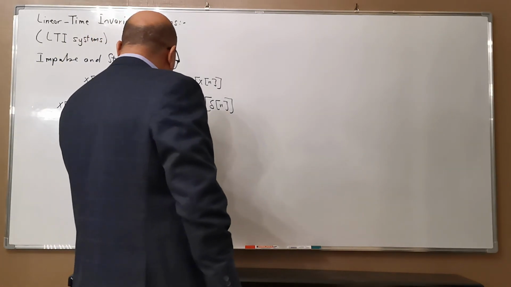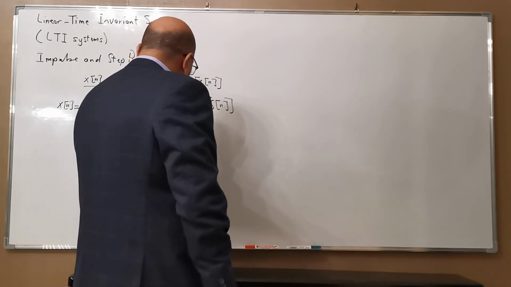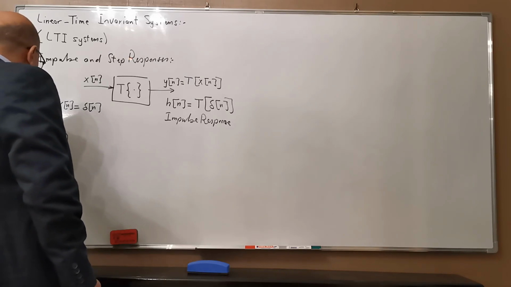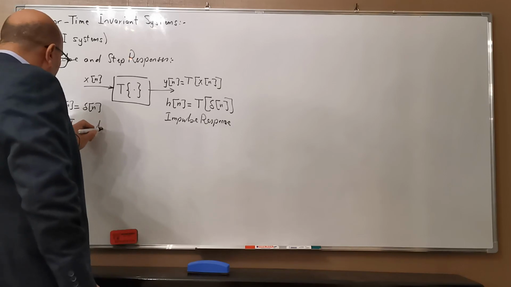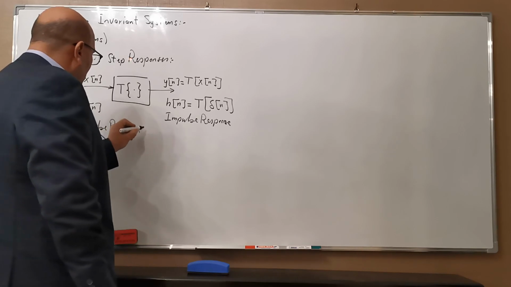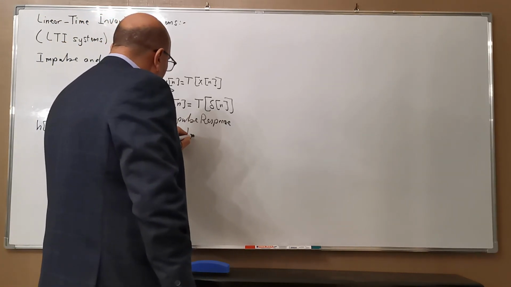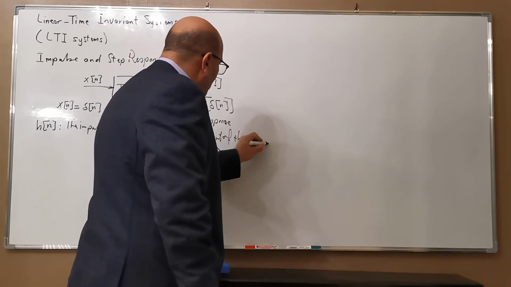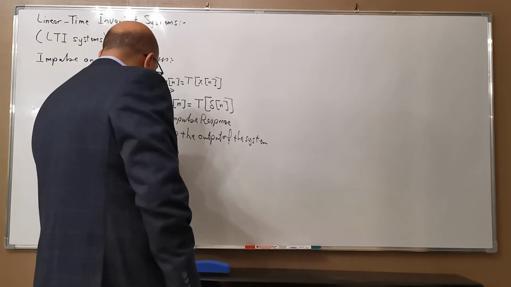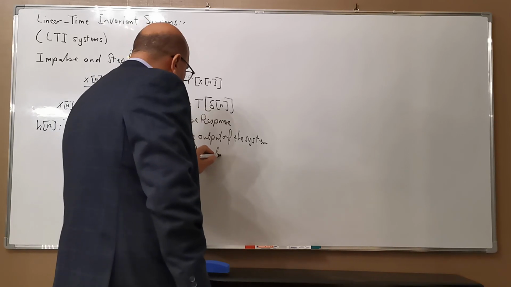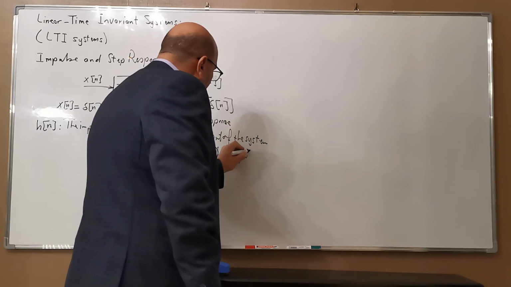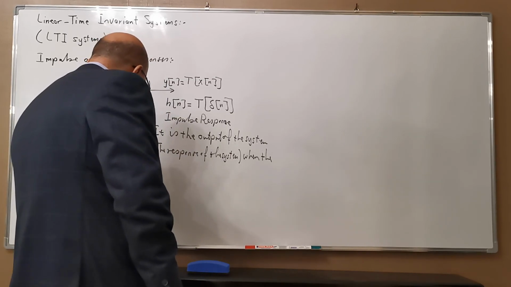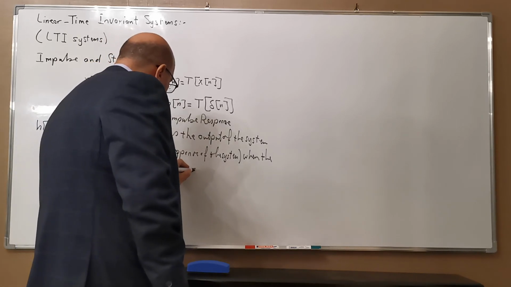This has a special name. We call it the impulse response. So the impulse response, by definition, h of n, is the output of the system, or in other words, the response of the system when the input is a delta.